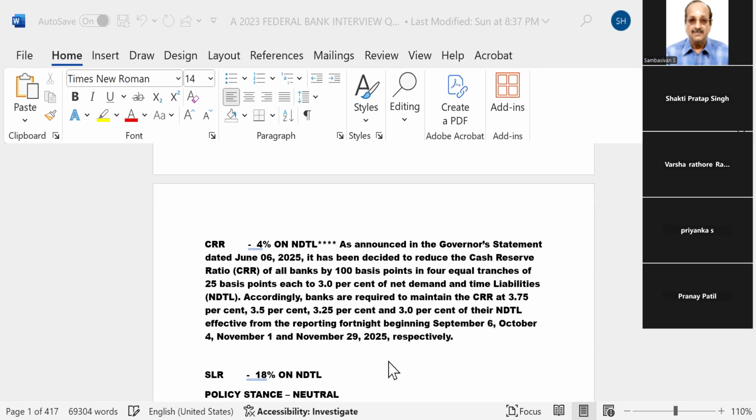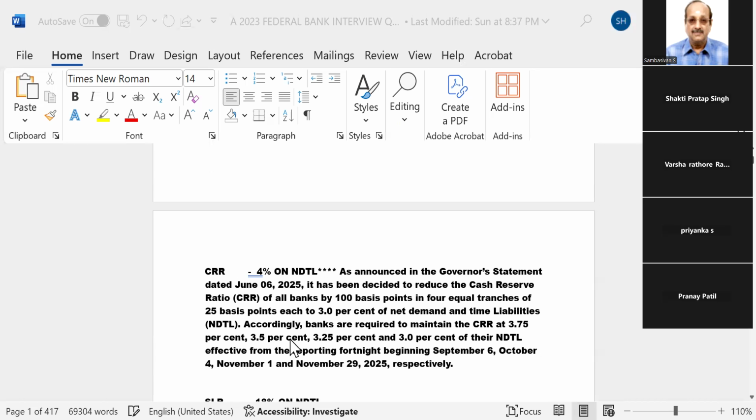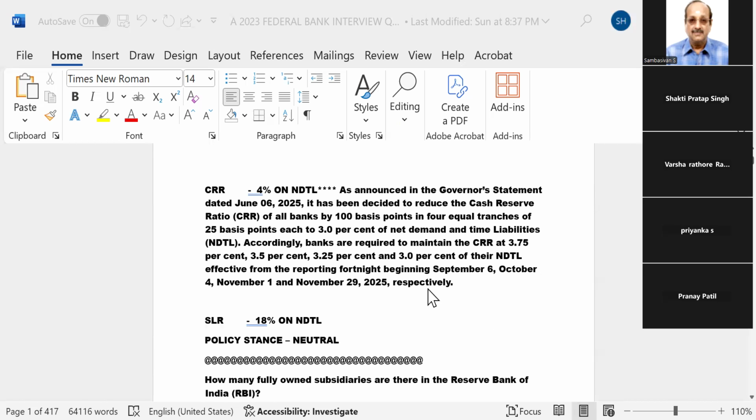This system is not prevalent in America, Canada, and other countries, but it is there in our country. And why is it being done? It is being done in order to see that in the event of extra withdrawals of money from the bank, banks are able to meet their commitments. That is the question.